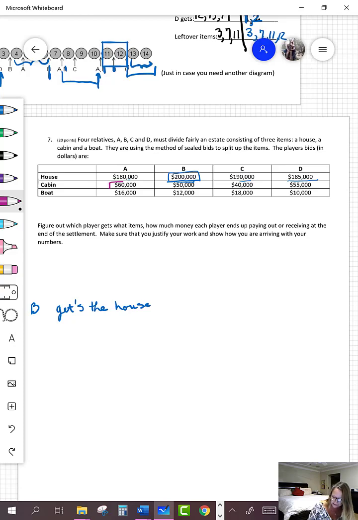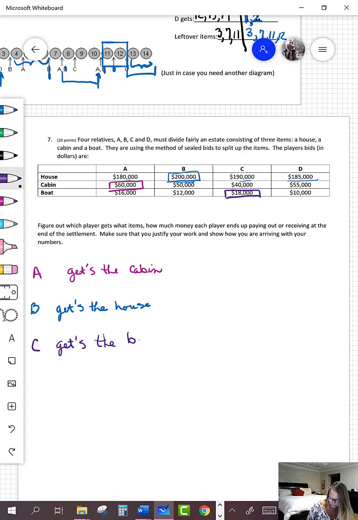And so $60,000 is the highest bid. And so A is going to get the cabin. Going to the boat, we have a bid of $16,000, $12,000, $18,000, and $10,000. And so the bid goes to player C. C gets the boat. Okay, so player D didn't get any items, but he's going to get some cash.